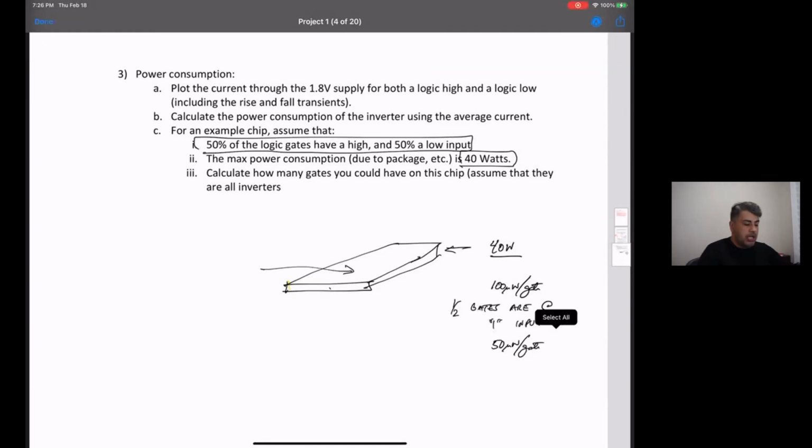Let me do a quick calculation if these are the numbers. What kind of numbers are you seeing with power per gate? Nobody's jumping in? You guys want to play hardball? Let's see. Khaled, are you there?